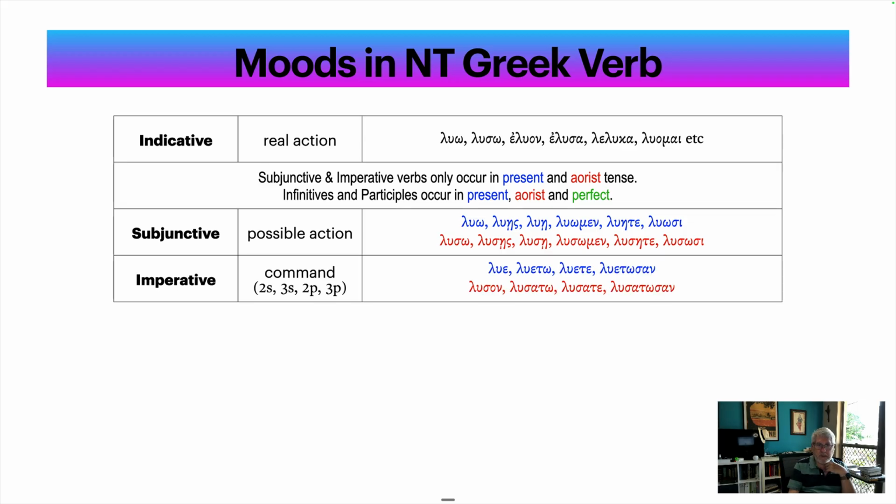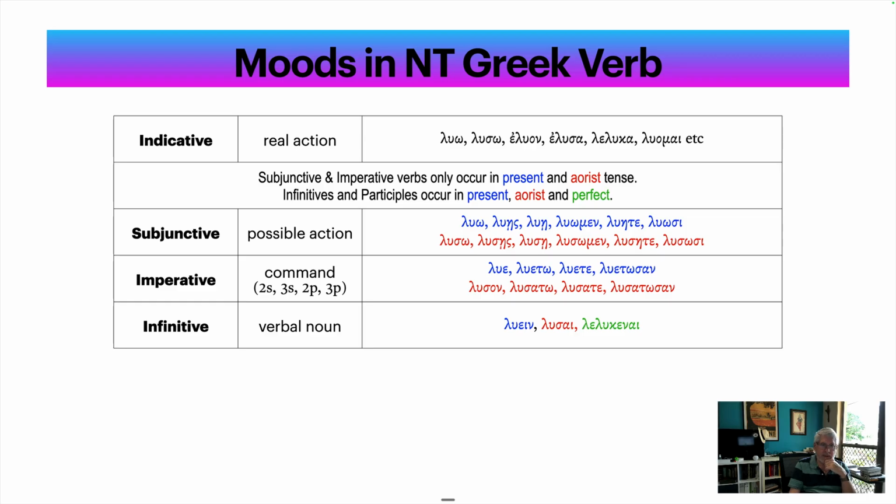When we come to imperative, so this is second person singular, third person singular, second person plural, third person plural, then it's going to be lue in the present imperative, lueto, luete, luetosan, and in the aorist imperative it's going to be luson, lusato, lusate, and lusatosan. Okay.